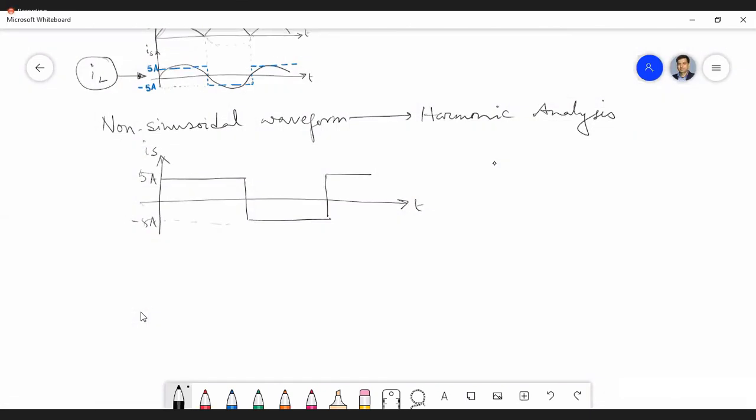Odd harmonics will be present, the fundamental and odd harmonics. All the odd harmonics will be present, except the third harmonic. Third harmonics will not be present. Sir, those are 3n harmonics, and 6n minus 1 and 6n plus 1 are the ones that remain.